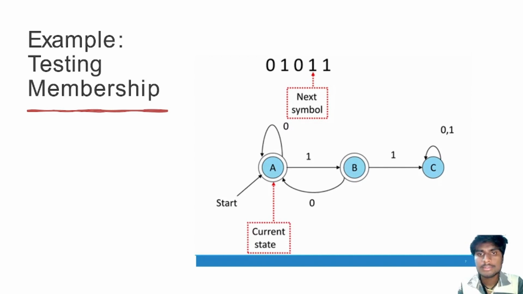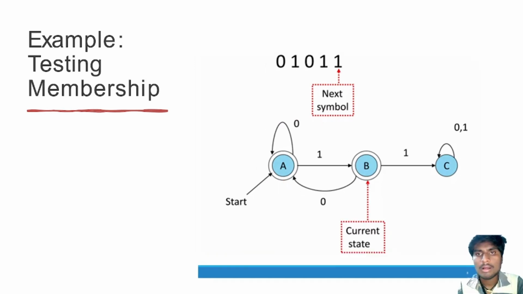Now we need to check whether 1 will be accepted or not for the same DFA. Our current state is A. We need to check whether 1 can be transferred from A to B. In this state, 1 is transferred from A to B. Now at state B, we need to check for 1. Is 1 transferred from B to an end state or not?